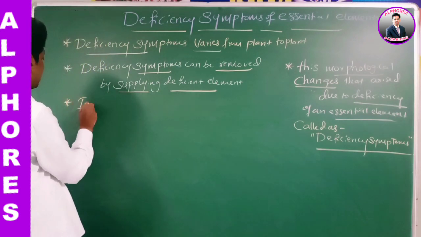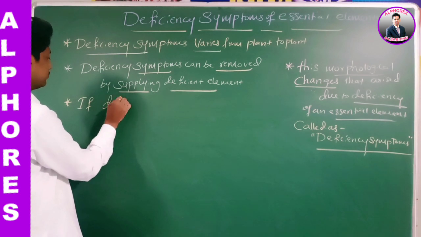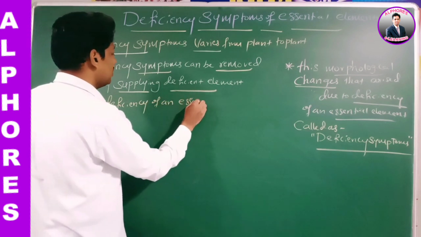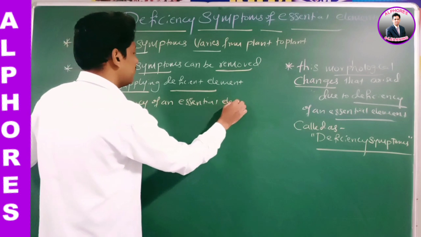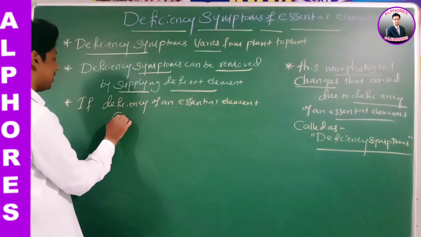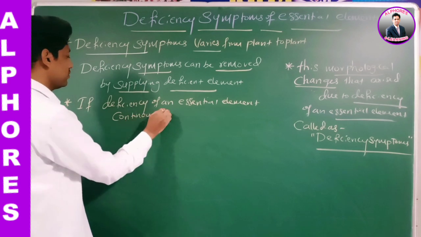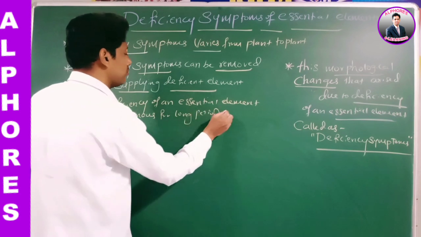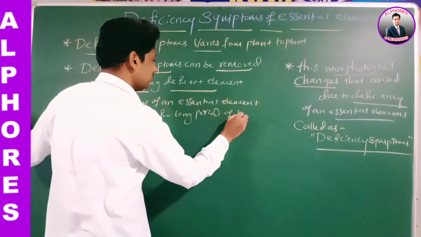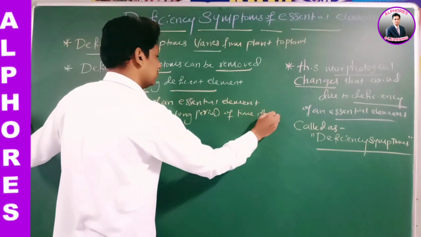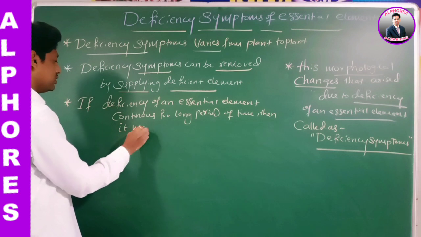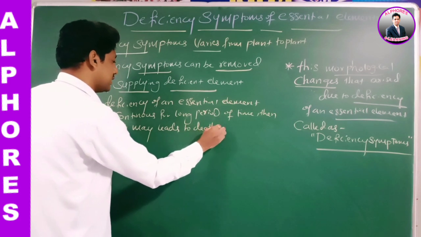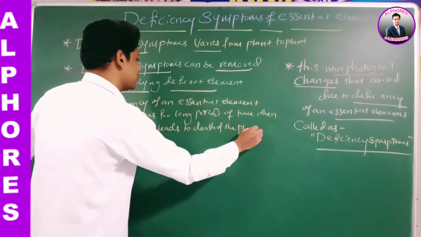If deficiency of an essential element continues for a long period of time, then it may lead to death of the plant.